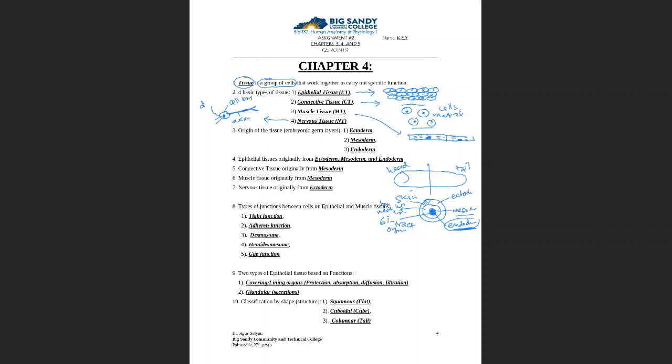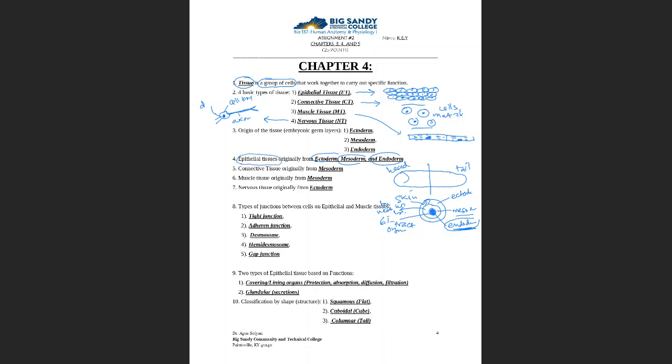Okay, now based on this information, then you should be able to know that epithelial tissue will be coming from all the germ layer: ectoderm, mesoderm, and endoderm. Why? Because remember I mentioned to you that every organ will be covered by the epithelial tissue as a protection.